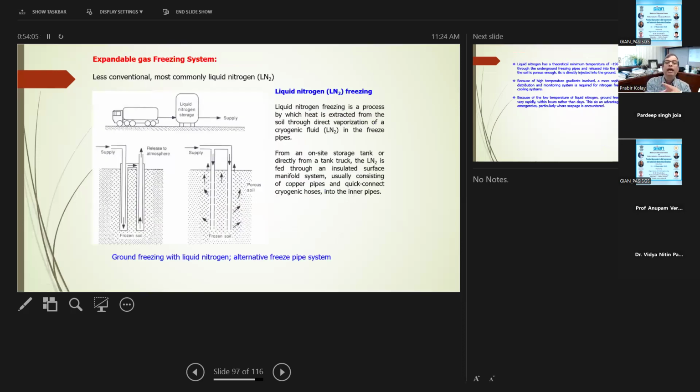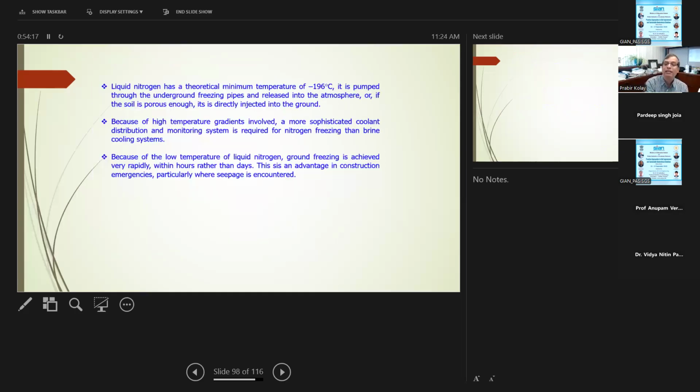And if you use liquid nitrogen, this is how you do it: you supply the liquid nitrogen and it comes out, and the whole soil freezes. It can go down to minus 196 degrees Celsius when you use liquid nitrogen, compared to calcium chloride or brine solution.